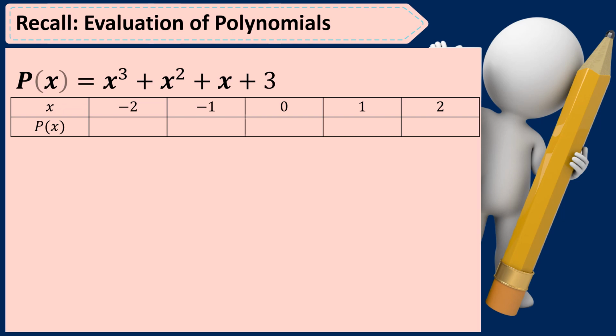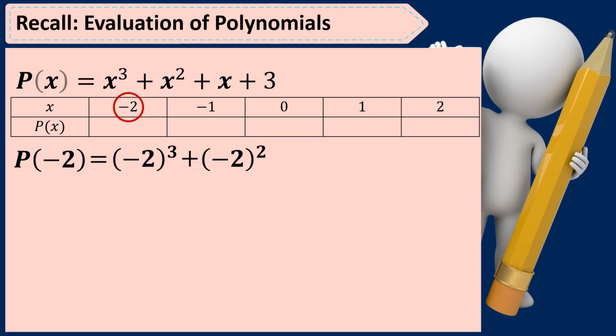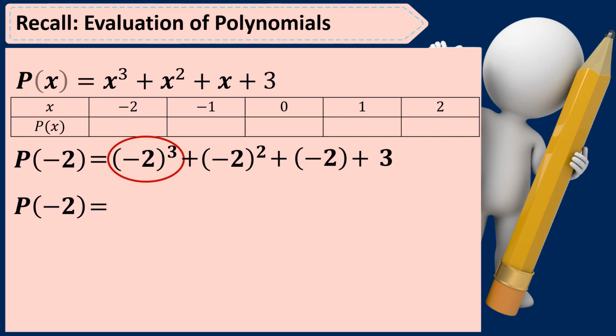We now start solving p of -2. So p of -2 is equal to the cube of -2 plus the square of -2 plus -2 plus 3. -2 raised to the power of 3 is equal to -8.